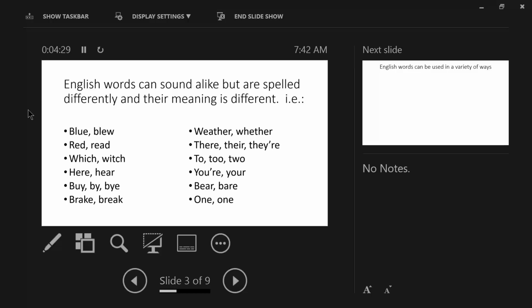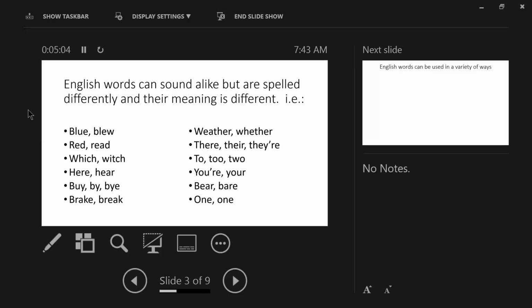We automatically, in our English language, in our minds, generally understand which word is being used because of the context of the sentence. However, imagine a person from another foreign country coming to America, and they're starting to learn English, and they are being sponsored by a family, and they begin talking about red.